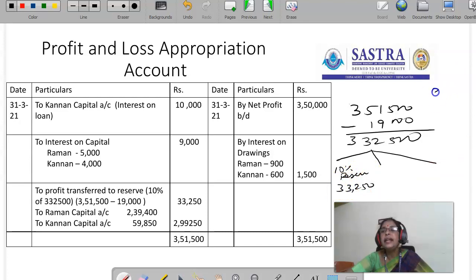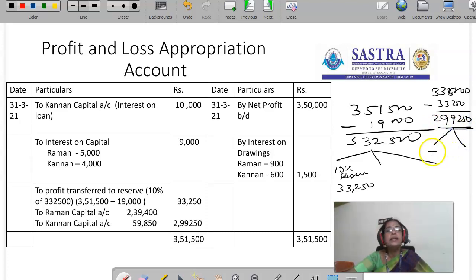So 3,32,500 minus 33,250 is equal to how much? That is 2,99,250. This is the real profit or actual profit that should be distributed among the partners.